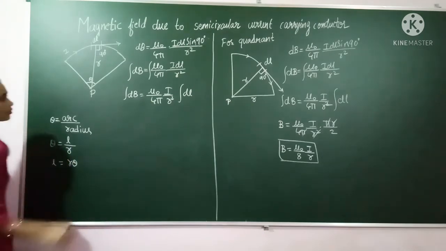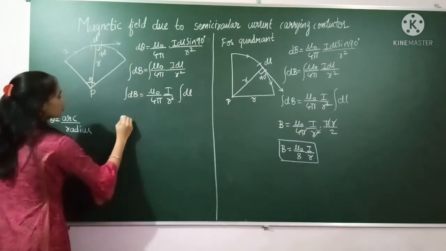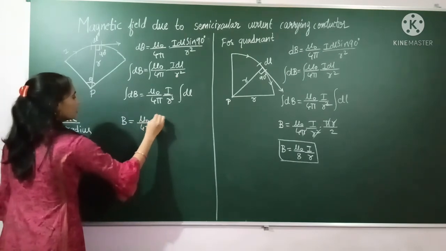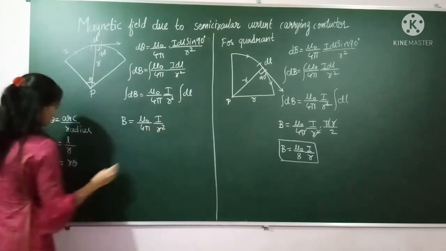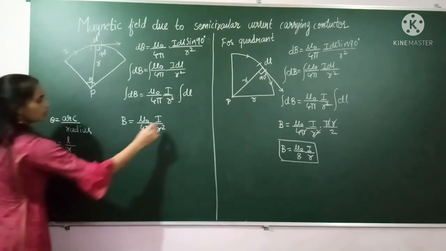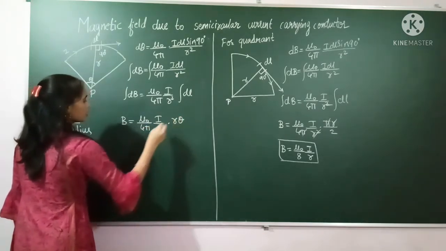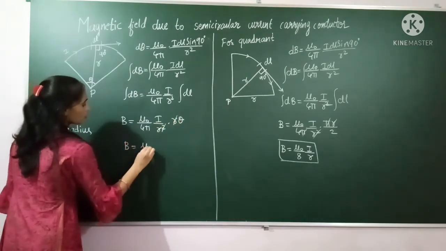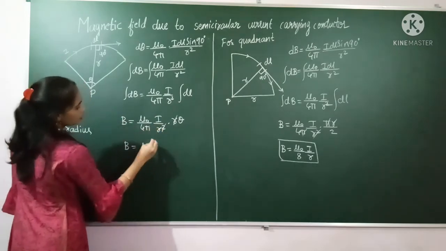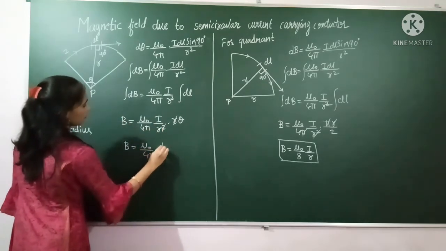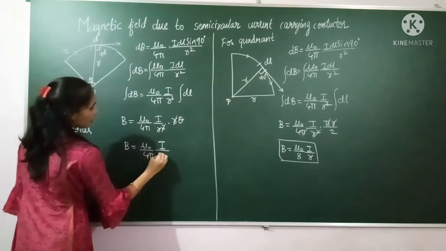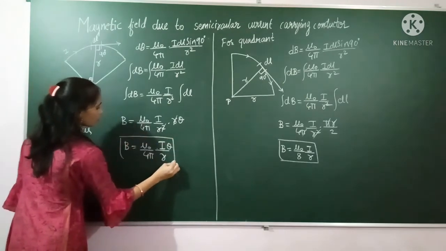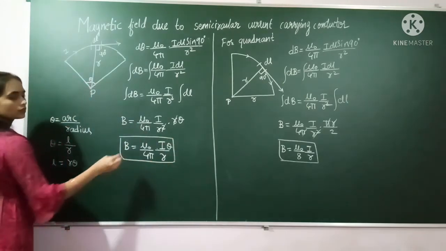So integration of dB becomes B is equal to mu naught divided by 4 pi, I divided by r square, into integration of dl, and L we got as r into theta. So one r is cancelled. How much value remains? B is equal to mu naught divided by 4 pi, I divided by r, into theta.